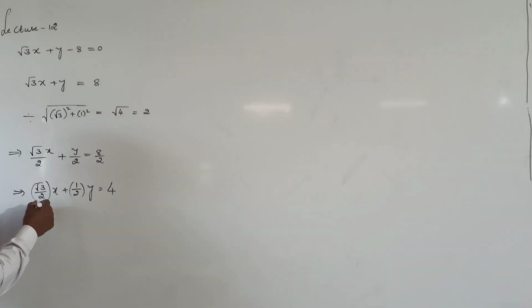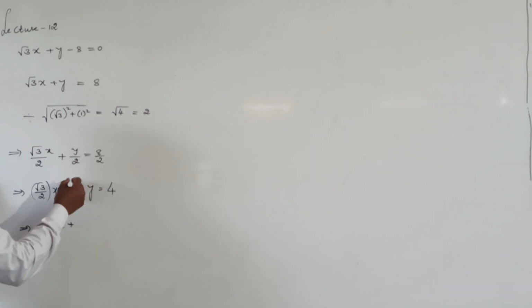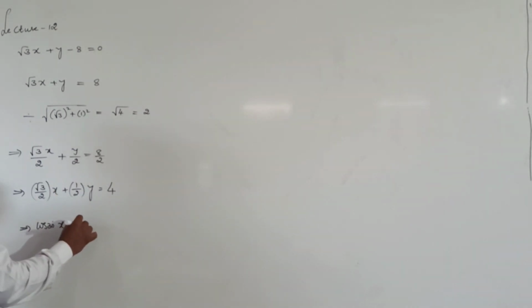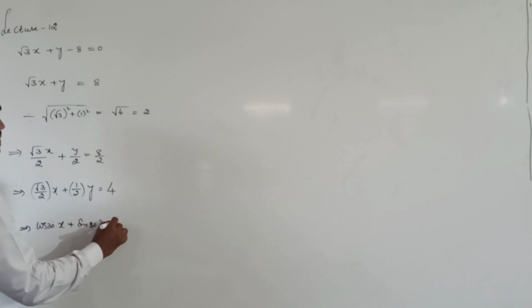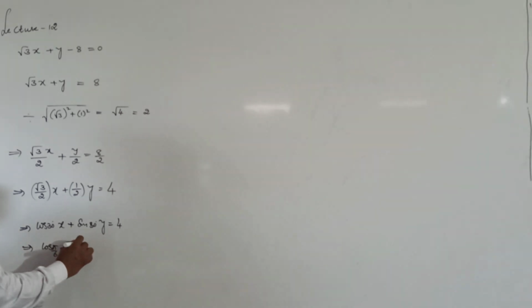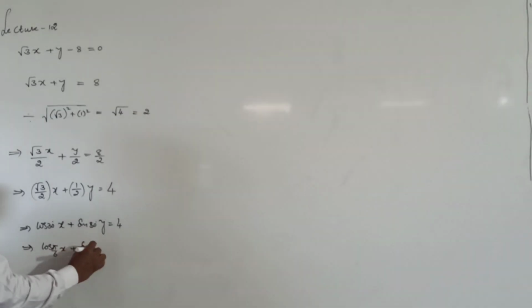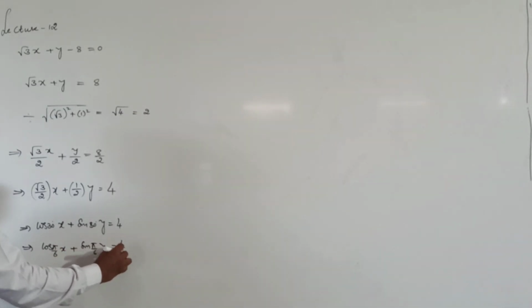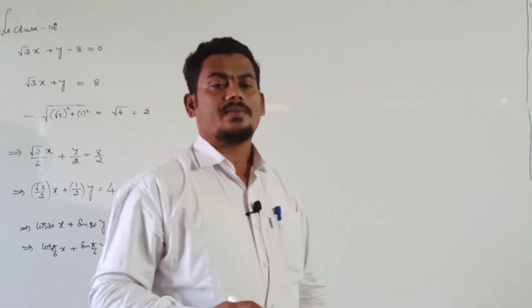I will replace root 3 by 2 as cos 30 degree, and replace 1 by 2 as sin 30 degree, into y is equal to 4. Or else you can write it in radian: angle should be in radian measure. Cos pi by 6 into x plus sin pi by 6 into y is equal to 4. This is the normal form of the equation of the straight line.